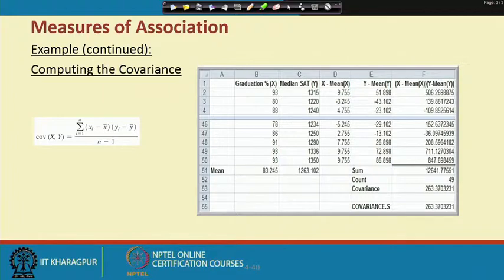Correlation can be negative, and correlation can be positive. If the correlation coefficient is positive, then the variables are positively related to each other, and if it is negative, then the variables are negatively related to each other. The three specific extremes are -1, 0 and 1.